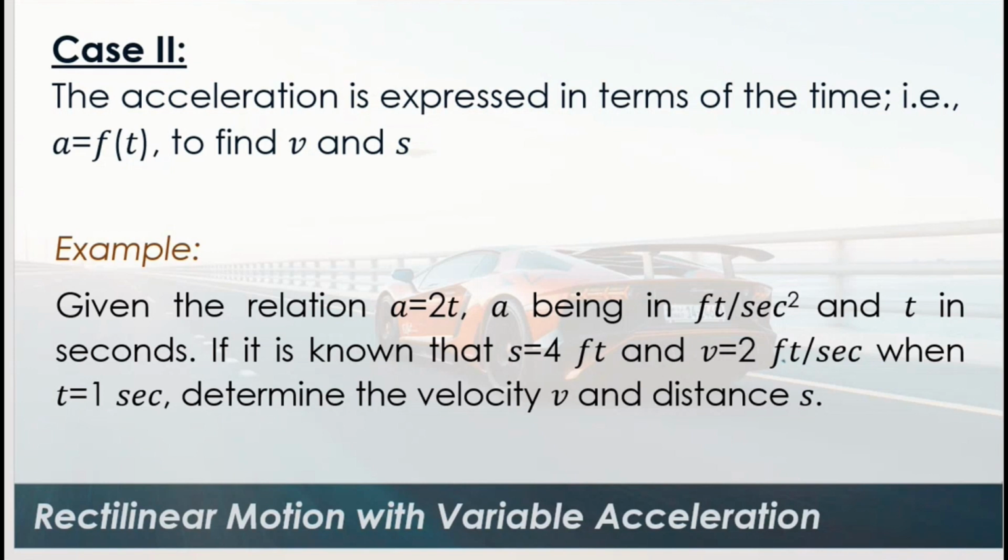So we have a given displacement and velocity with respect to a known time, whereas we are to determine the velocity and the distance from this acceleration equation, for case number 2.